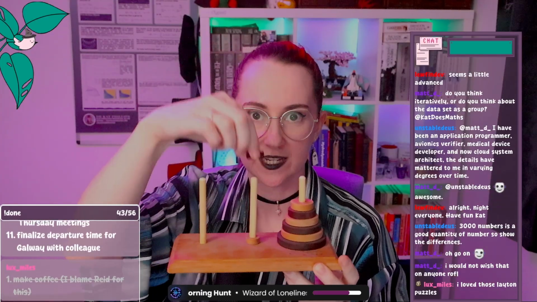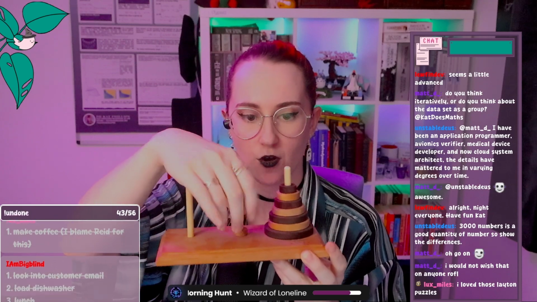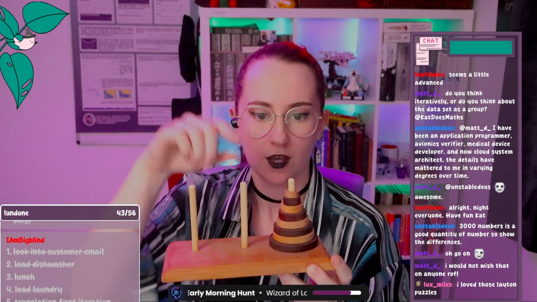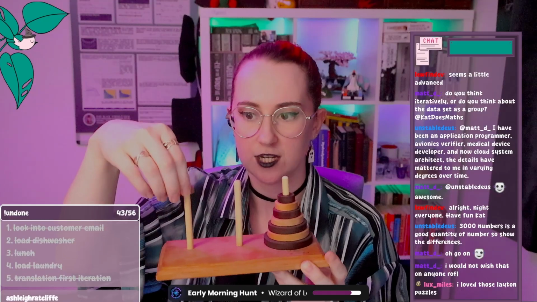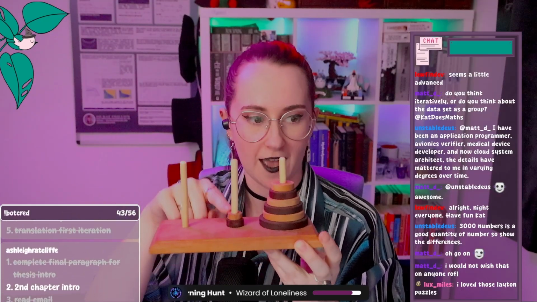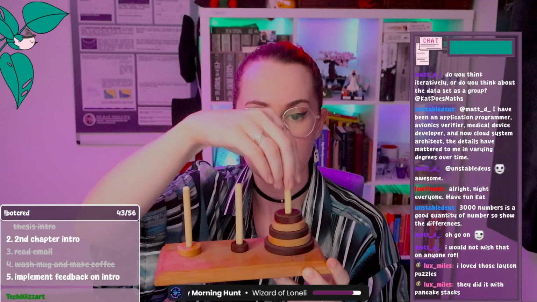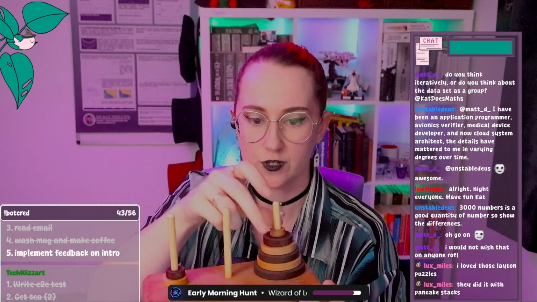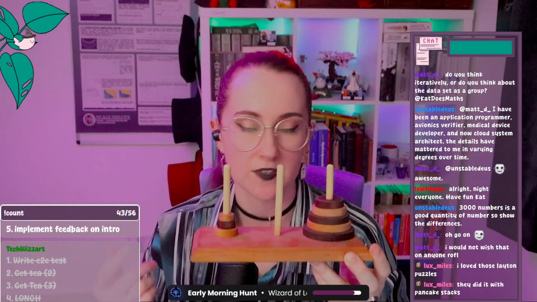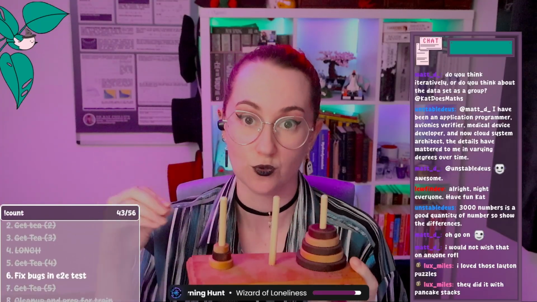And you can't put a bigger disc on top of a smaller disc. This is an illegal move. So to get the whole stack across, you have to move them strategically so that you can free up space to get smaller always on top of bigger. And there is an optimal algorithm to do this, a specific set of moves to get the stack from here to here in the shortest number of steps possible.